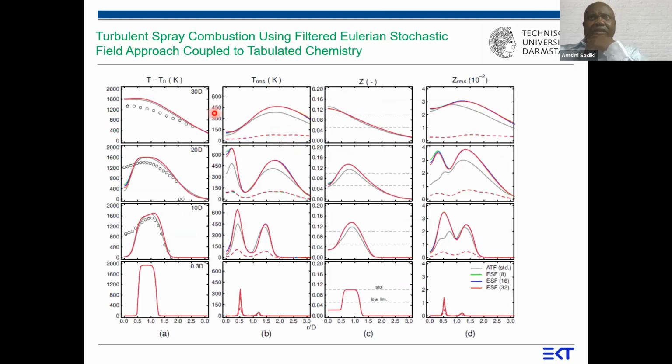So these are what I would like to show to account for the interaction between flame and turbulence first, and also flame with droplets. First, it was in the ATF where we account for this effect.